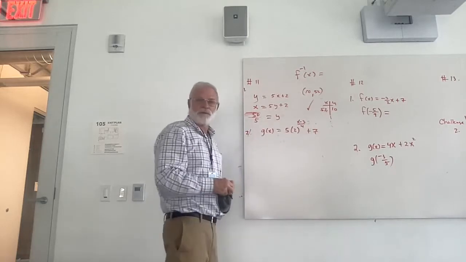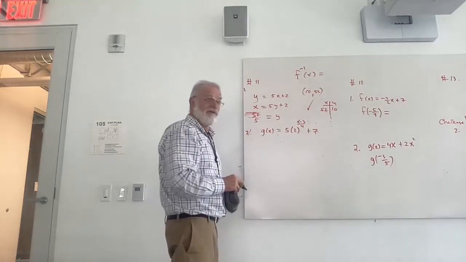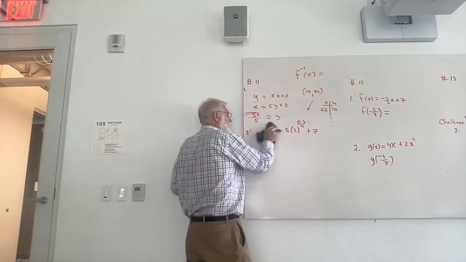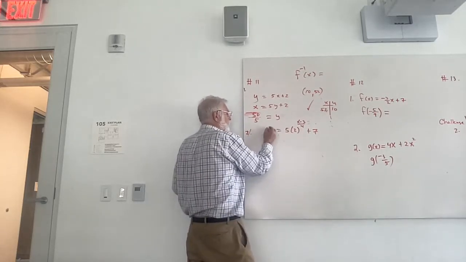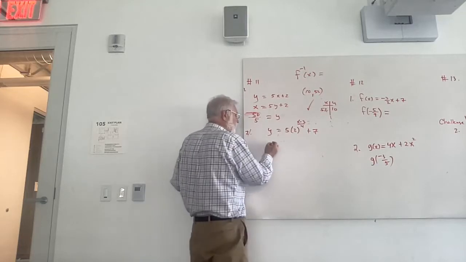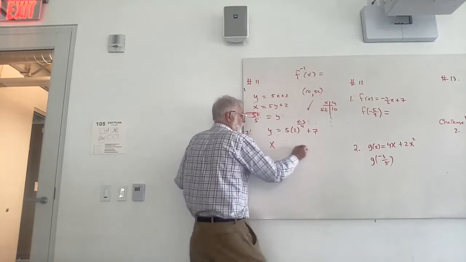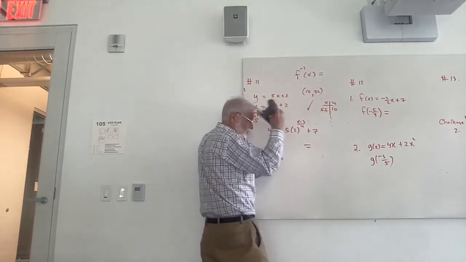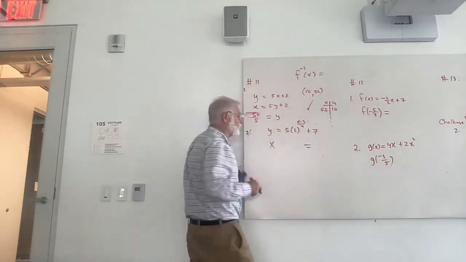Now, a much more difficult problem. Still review. What's the inverse of this? Well, I'm going to change that to y. I'm going to switch my x's and my y's, and I'm going to write my y's over here. I need space. I know that. And I'm going to do it with the eraser so that you can see what you're looking at.